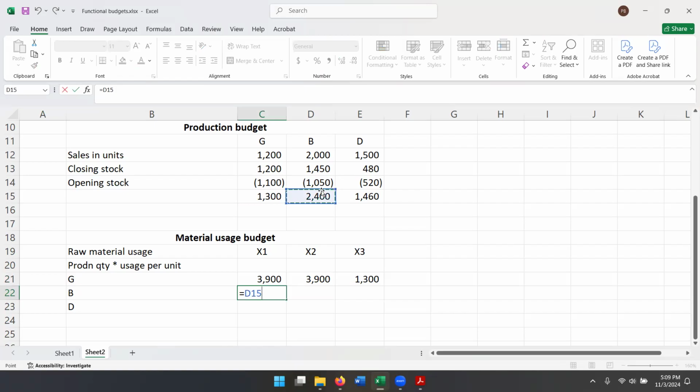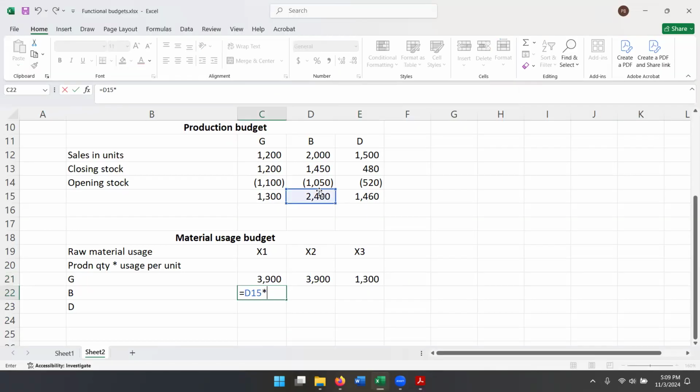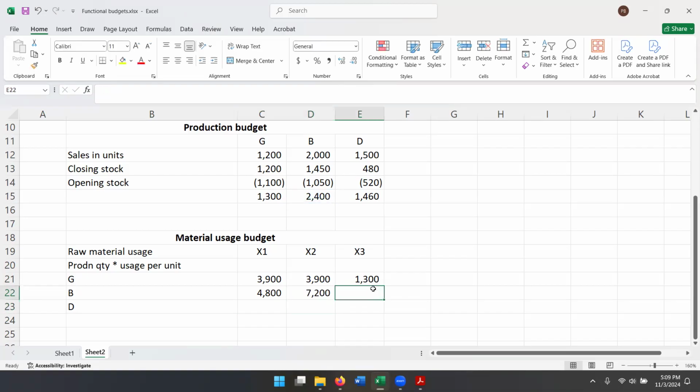Then we come to B. So we use B, multiplied by 2, 3, and 2. See that?